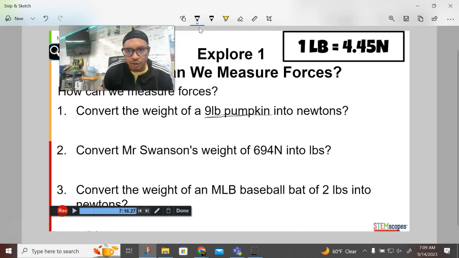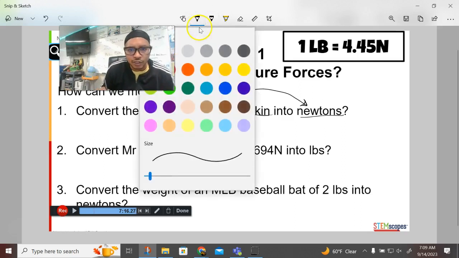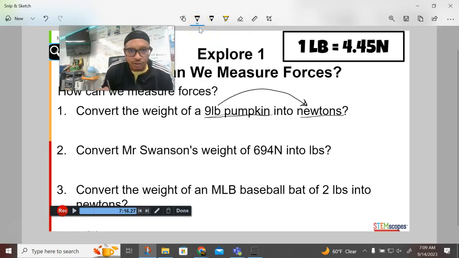We're converting a 9 pound pumpkin into newtons. So again, we're going from pounds to newtons, okay? Cool, that's important. 9 pounds, and we're going to put that over 1. Hopefully you at least got that far, okay?